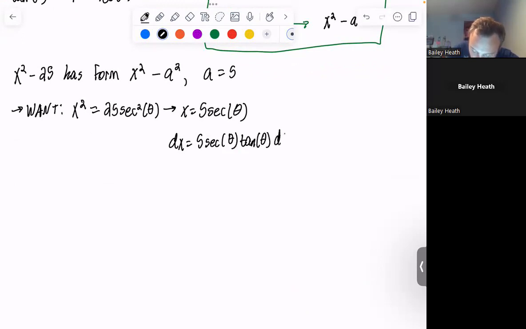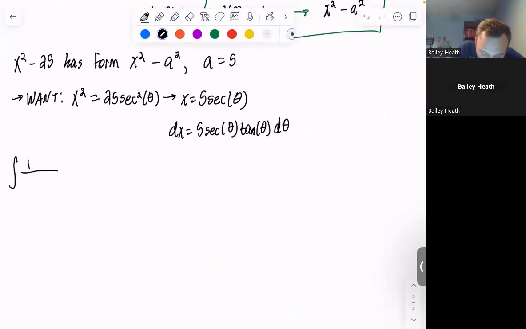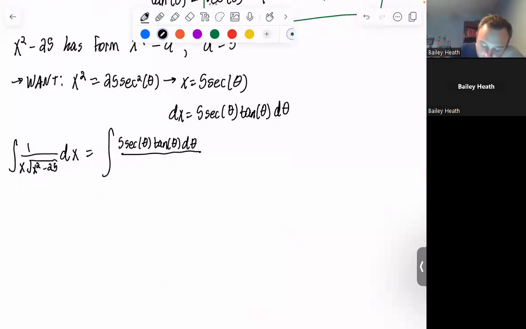And so I'm going to go back to my original integral. I'll go ahead and write everything out here. First of all, I'm going to replace the dx here with 5 secant theta tangent theta d theta, all over, in my denominator, my x is 5 secant theta.